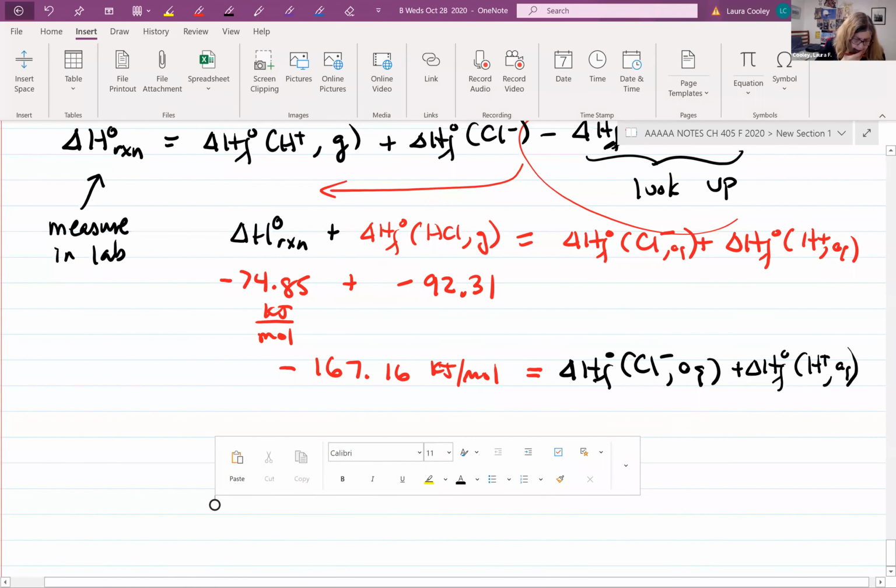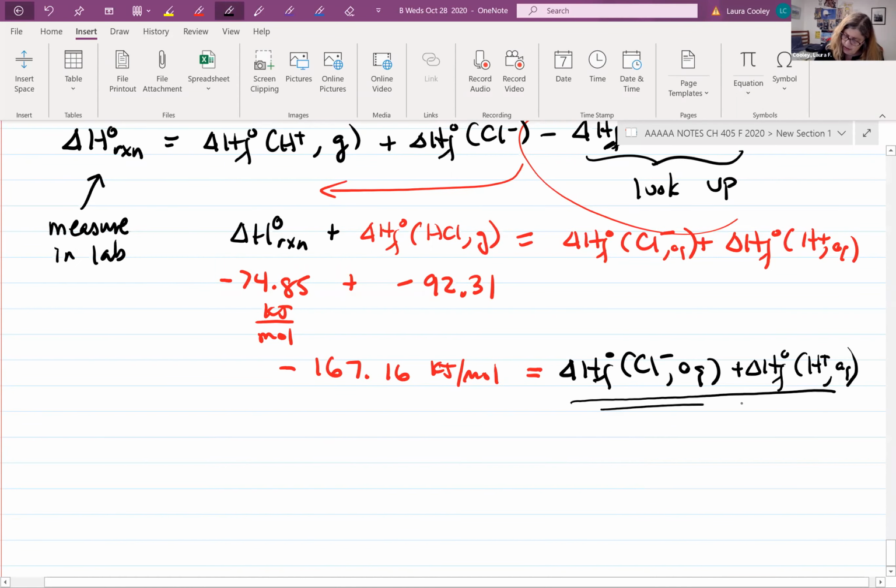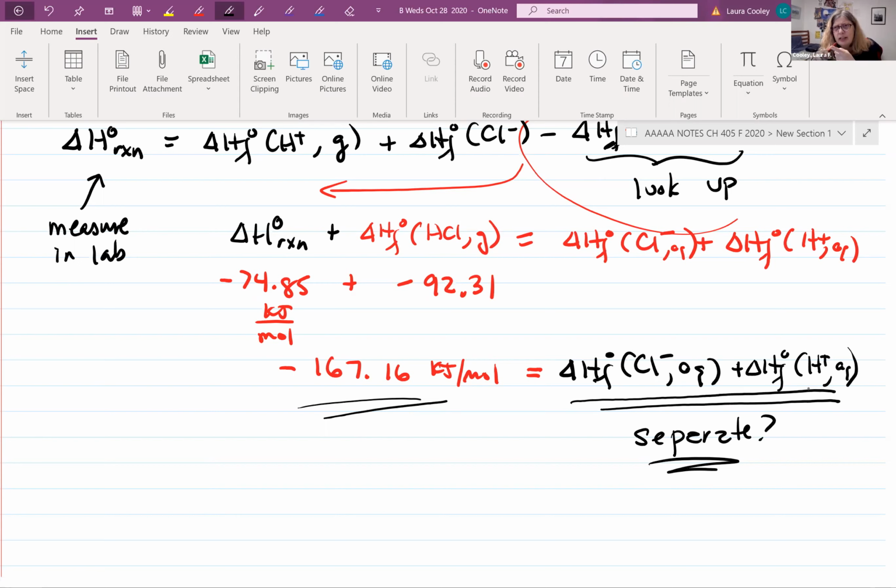So here's the thing. I know what the sum of the delta HF zeros of these ions is, but how can I separate them? I know that a portion of this negative 167 is from dissolving the chloride, and a portion of it must be from dissolving the H plus. But I can't make a chloride ion in solution without making a positive ion in solution, right?